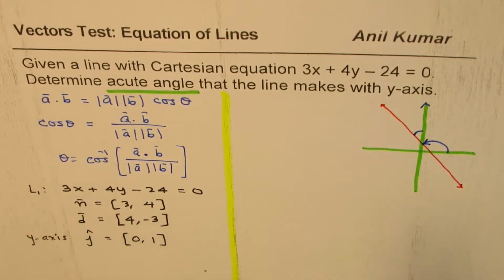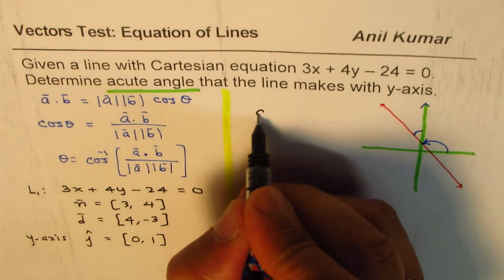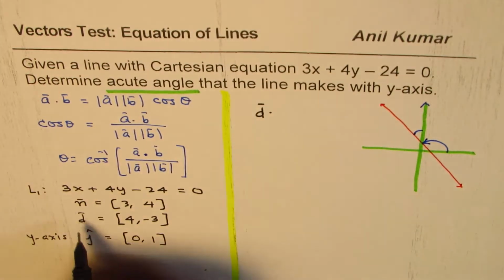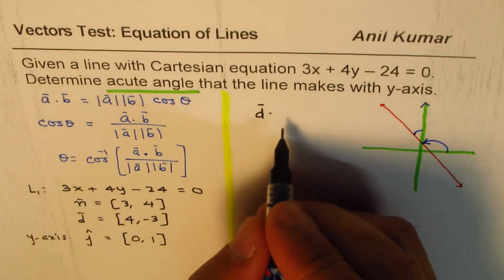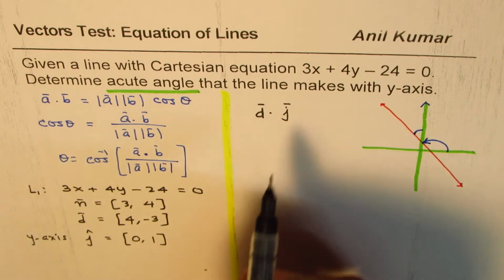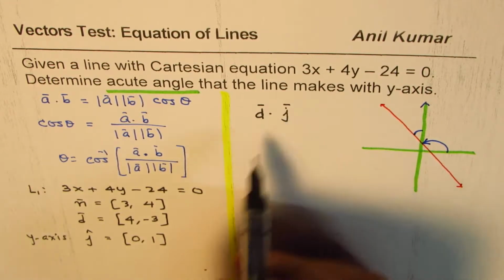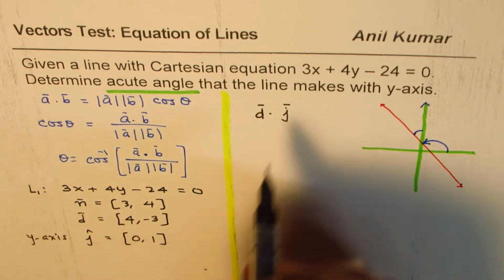We have two directions, so we'll find the dot product. That is to say, we need to find the dot product of the direction of this line and the vector j. And then we'll divide this dot product by the magnitude of each, right?